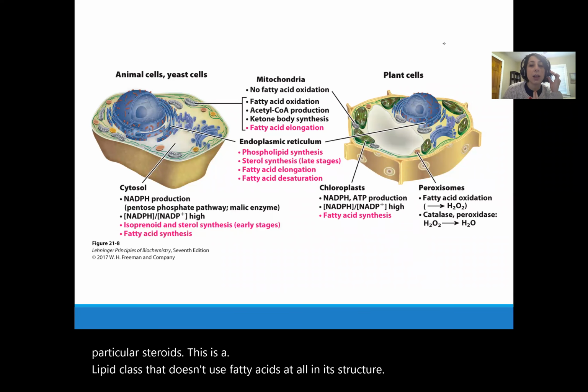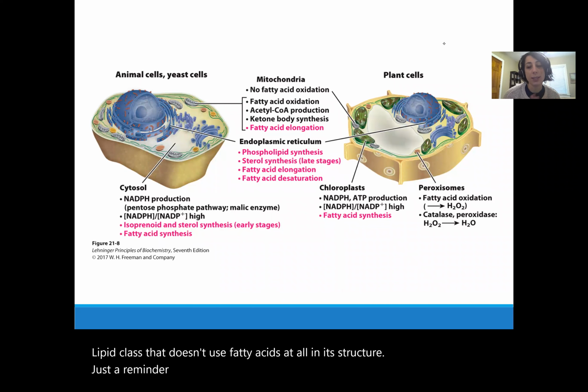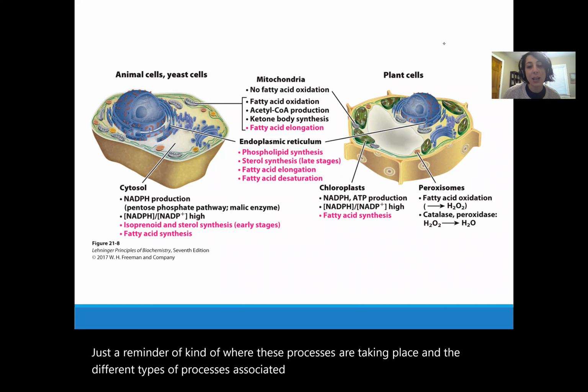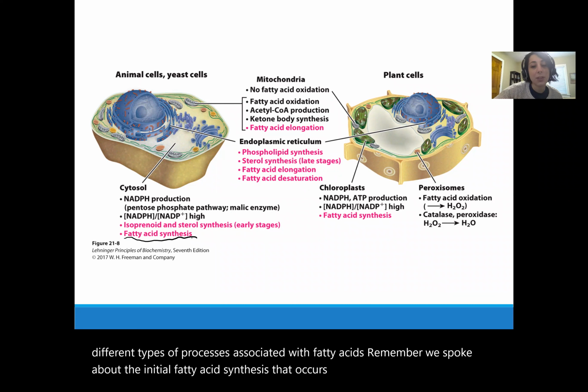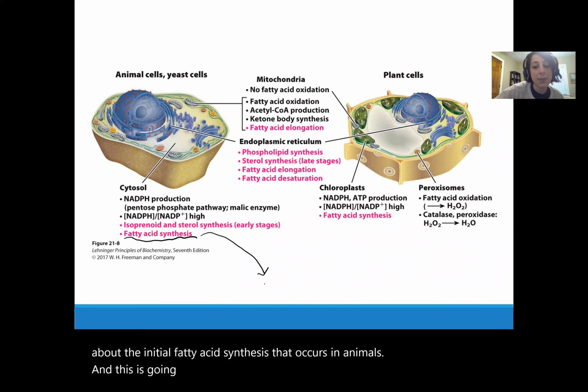Just a reminder of where these processes are taking place and the different types of processes associated with fatty acids. Remember, we spoke about the initial fatty acid synthesis that occurs in animals. This is going to make our base fatty acid, which is a 16 carbon long fatty acid called palmitate.